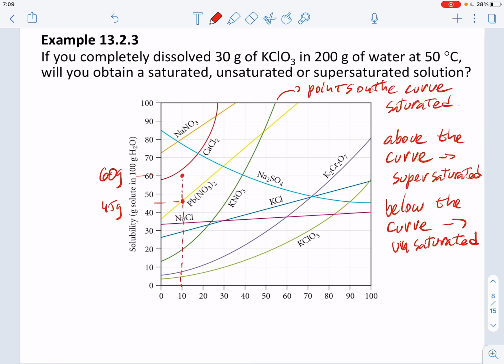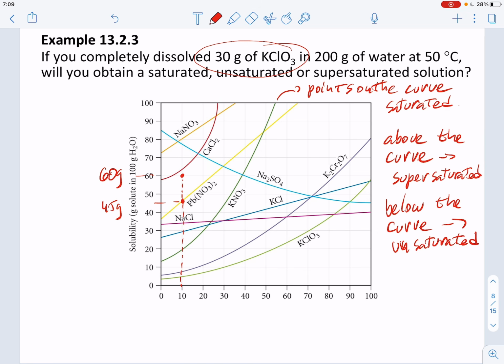If you are above the curve, it is supersaturated, and if you are below the curve, then it is the unsaturated region. Okay, so now let's go back to our problem here. Now we are dissolving 30 grams of potassium chloride in 200 grams of water at 50 degrees. The question is, will you obtain a saturated, unsaturated, or supersaturated solution?